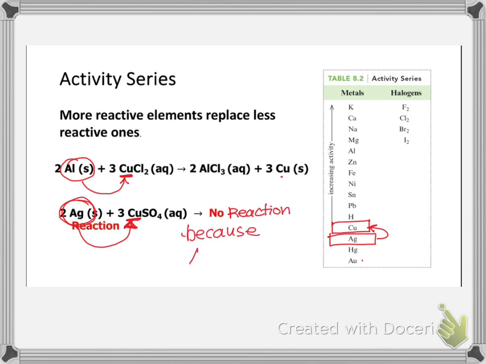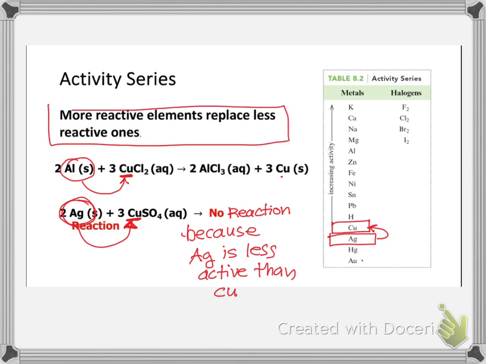Because silver is less active than copper. And if we see up here, the more reactive can replace less reactive, but less reactive cannot replace more reactive. So silver by itself cannot kick out copper because it is less reactive. So that simply results in no reaction, or nothing would be happening.